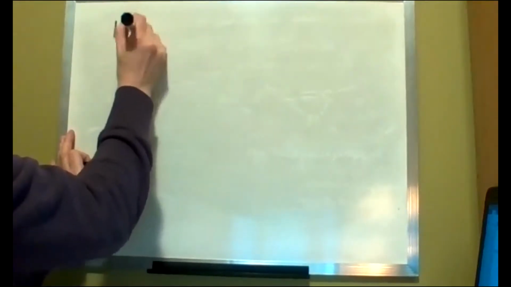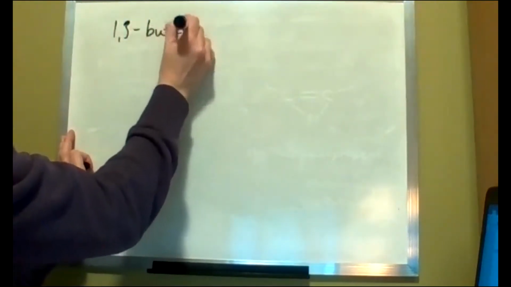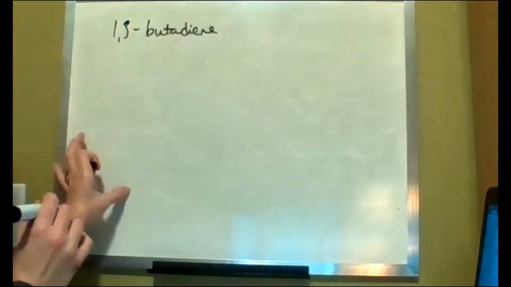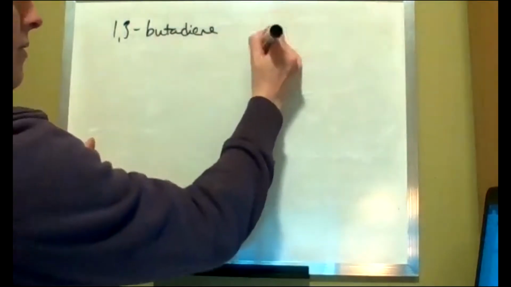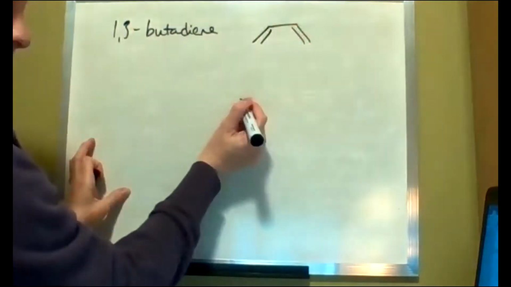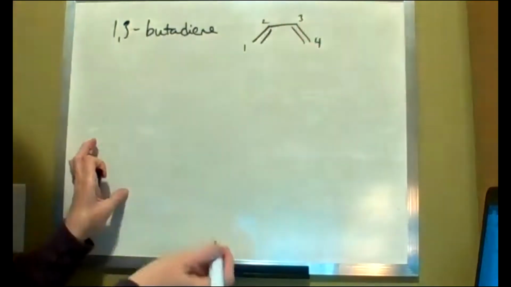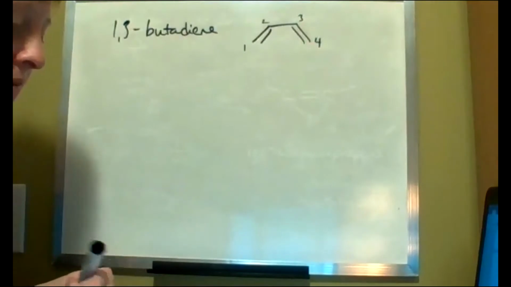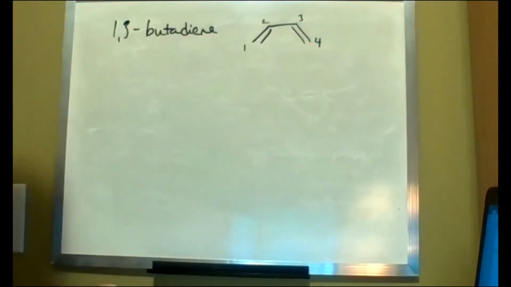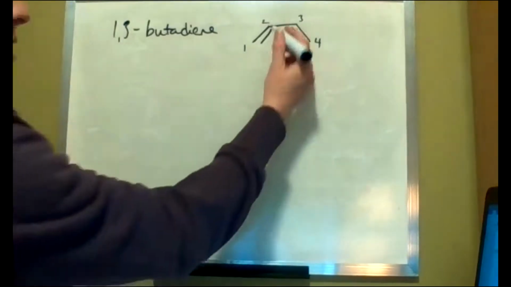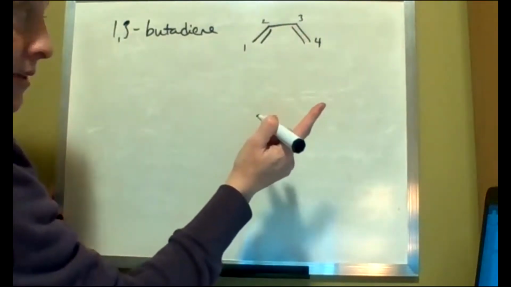So for our conjugated dienes, we're talking about 1,3-butadiene. That's this guy right here. We're talking 1, 2, 3, 4 if we're labeling our carbons. We just looked at alkenes binding.